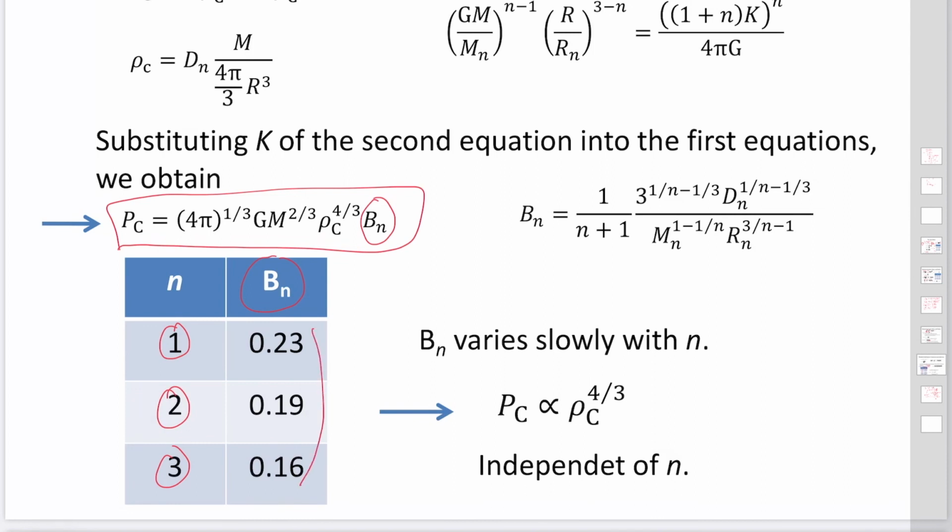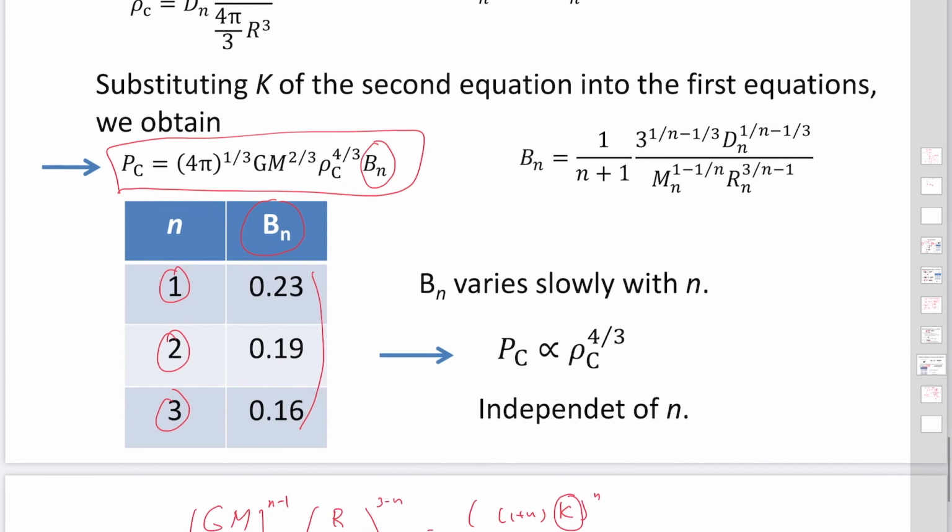It doesn't change a lot. So b sub n varies slowly with n. So the relation between P sub c and rho sub c looks independent of n. So P sub c is proportional to rho sub c, and the power index is 4 over 3. So we can use these equations independent of n. This is the end of this session.